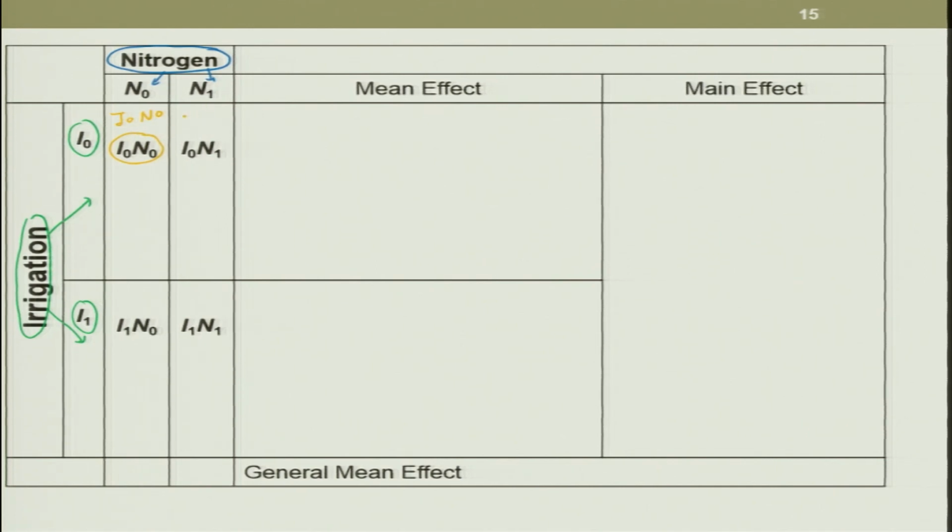Similarly, in this plot I give the level of irrigation I0 and the level of nitrogen N1, and this treatment combination is written here as I0 N1. And in plot number 3, I am giving the treatment combination I1 N0, and in the fourth plot the treatment combination I1 N1.